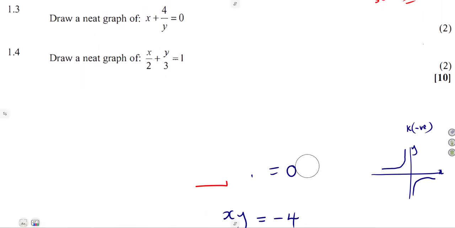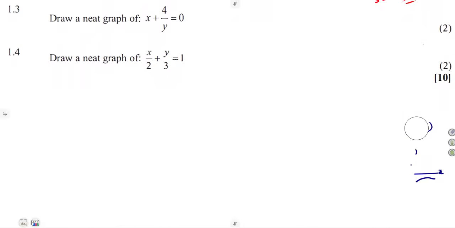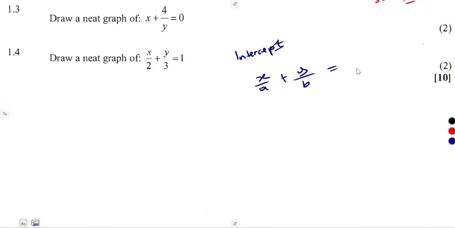This is a straight line. Remember, for a straight line, a linear function, there is the intercept form, which we can write as x over a plus y over b is equal to 1, where a and b will be our intercepts.